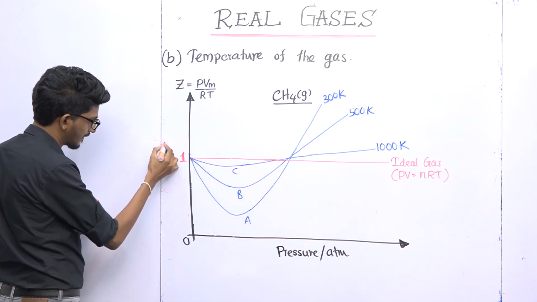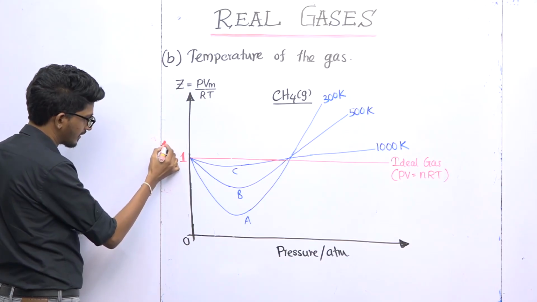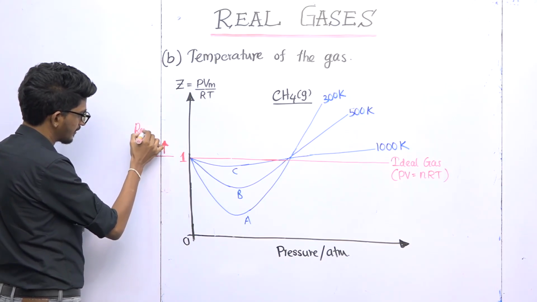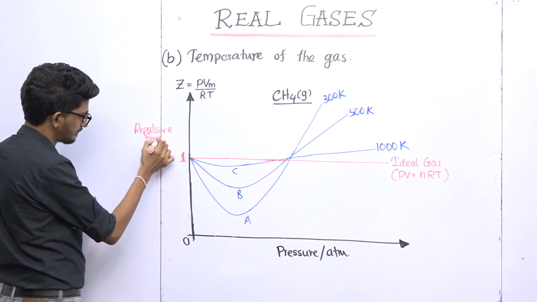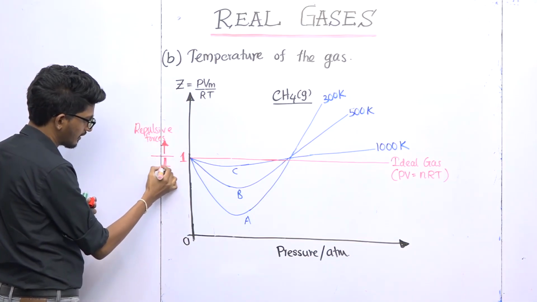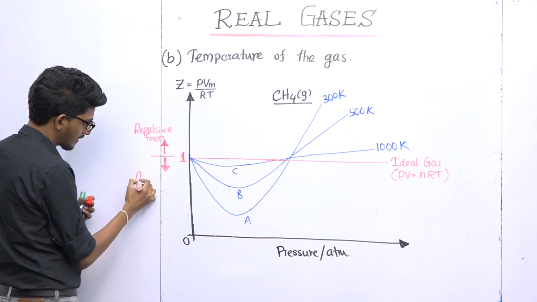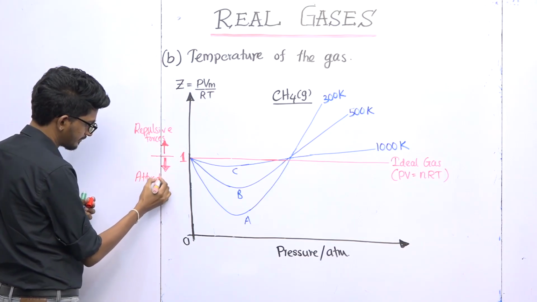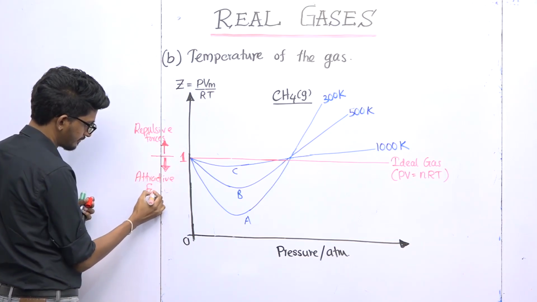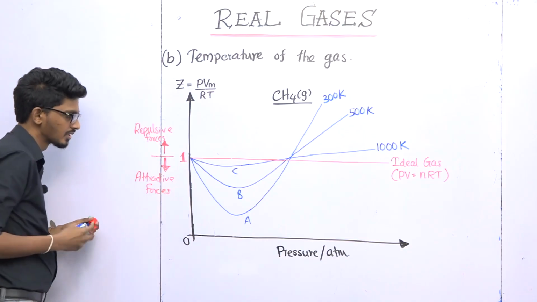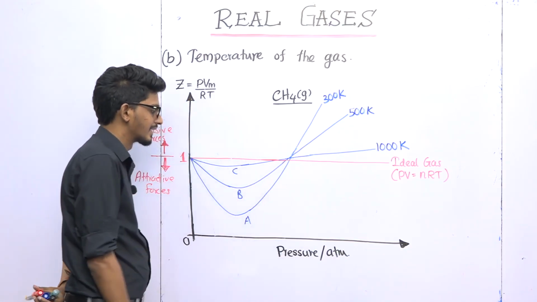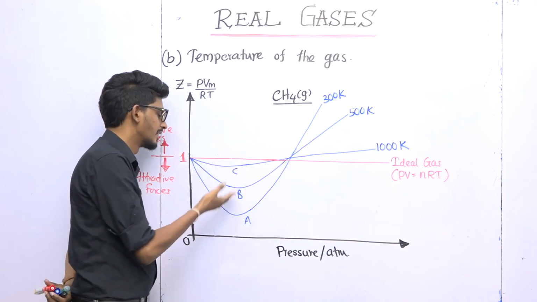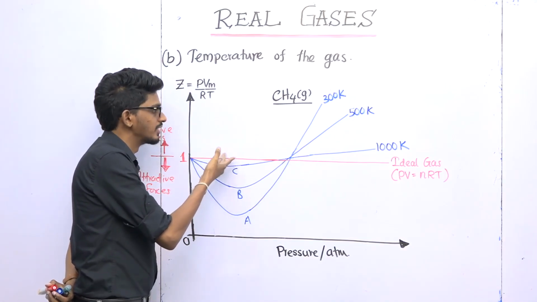From 1 onwards you have the repulsive forces, and down below you have the attractive forces. So when the temperature becomes greater, your curve will become closer to the ideal line.